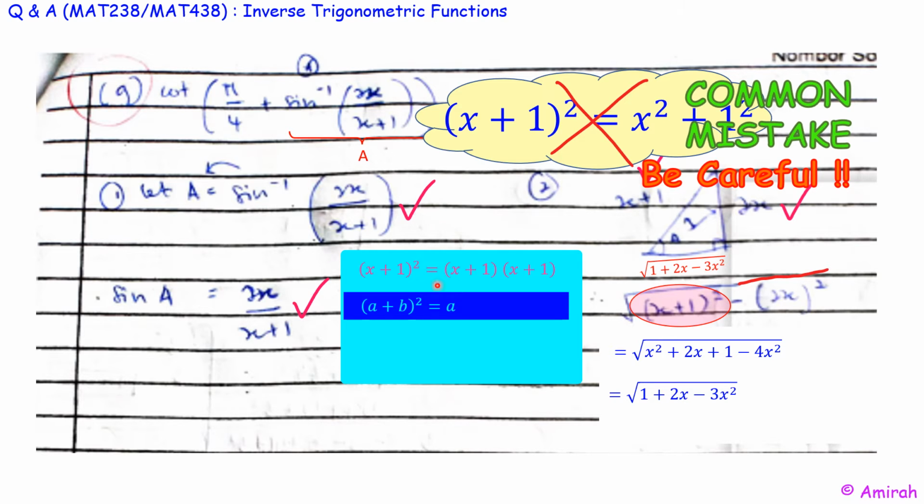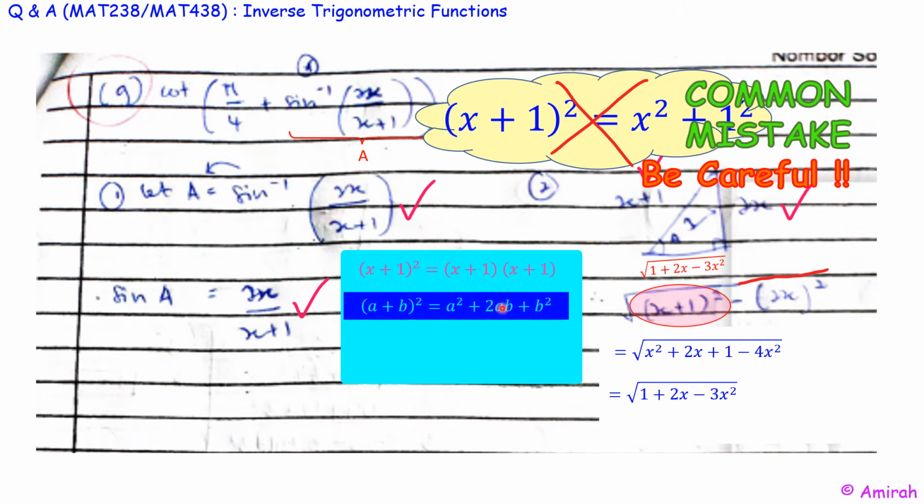The correct method is we can expand one by one or we can use this formula. Okay. Let's say we have a plus b bracket squared. So this is the formula when we expand this. Okay. Ambil depan kuasa 2 tambah kuasa darab depan darab belakang. So we have 2ab and then plus belakang kuasa 2. Okay.